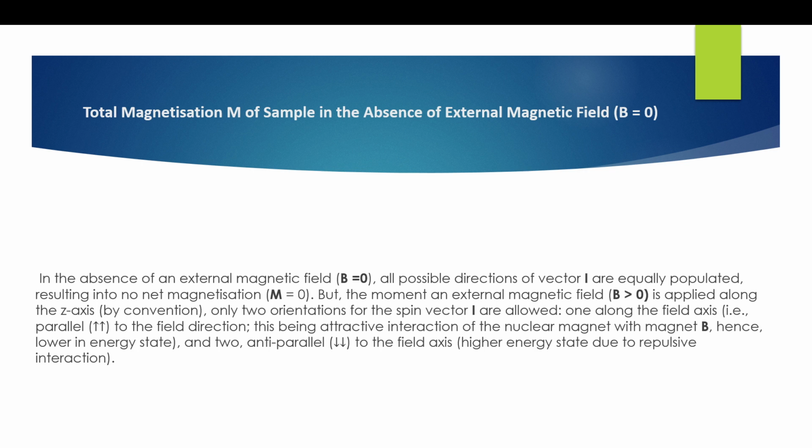One along the field axis, that is parallel to the field axis, and another in the anti-parallel position. Here, the parallel situation is attractive, that is of low energy. Anti-parallel situation is repulsive, of higher energy.